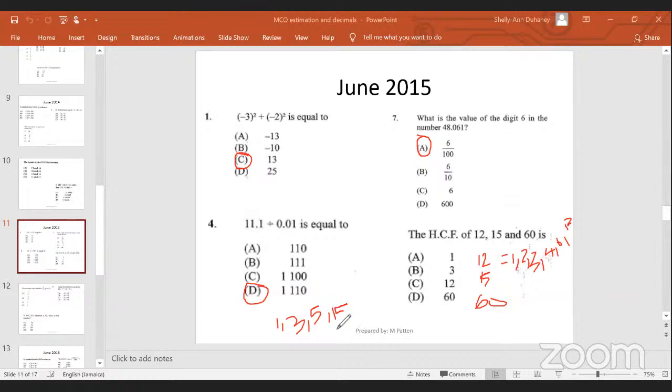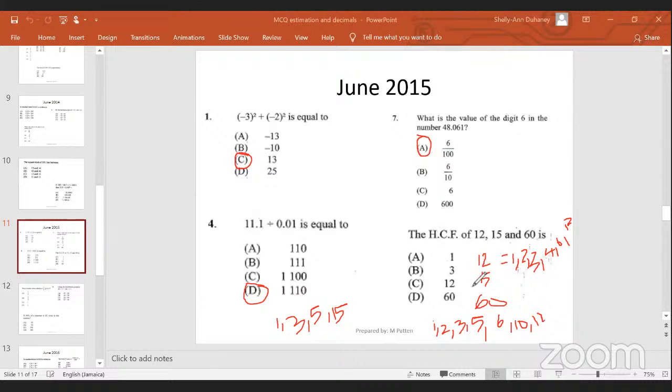Okay. Factors of 60 now. 1, 2, 3, 4, 5, 6, 10, 12, 15. All right, we're not going any further.